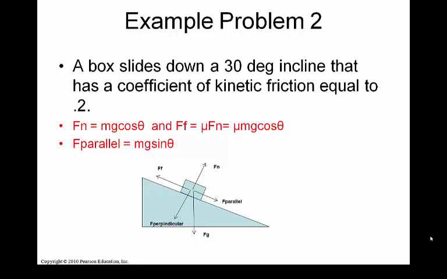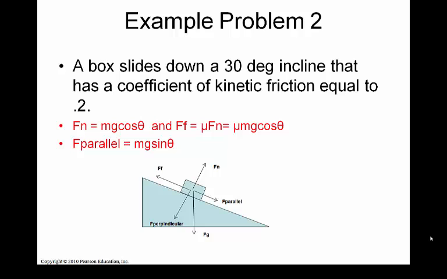To find the acceleration, we must apply Newton's second law. The net force that causes it to slide down the incline will be F parallel minus Ff. Remember, the normal force is mg cosine theta, and Ff is mu times Fn, or mu times mg cosine theta.